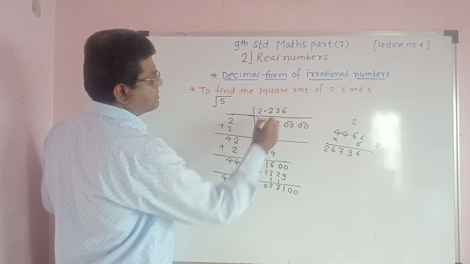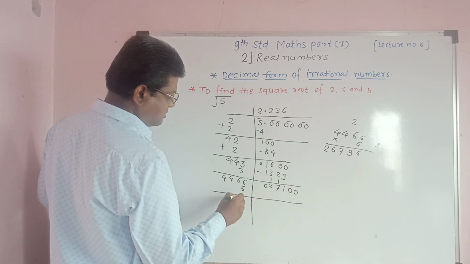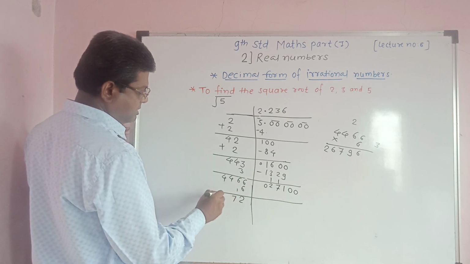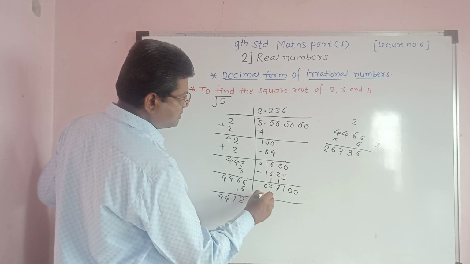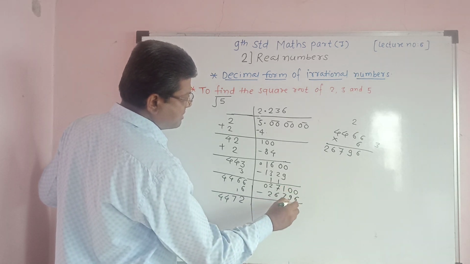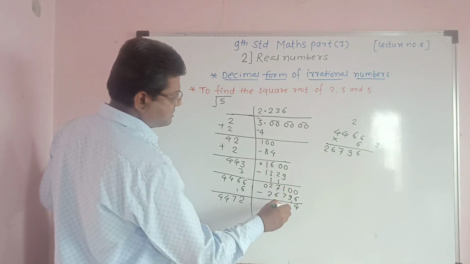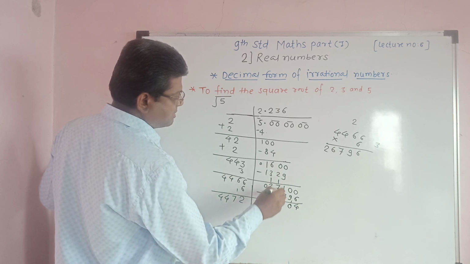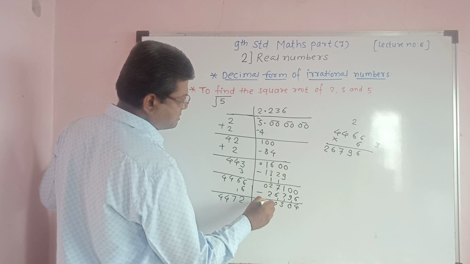We write 6 here. We add 6 to this number, so it will be 6 plus 6 is 12, and that will be 4 4 7 2. We subtract 26796 from this number. 10 minus 6 is a 4, carry 1, 10 minus 10 is 0, so carry 1, 11 minus 8 is a 3, carry 1, 7 7 0 2 2 0.